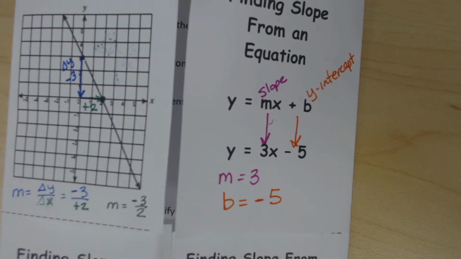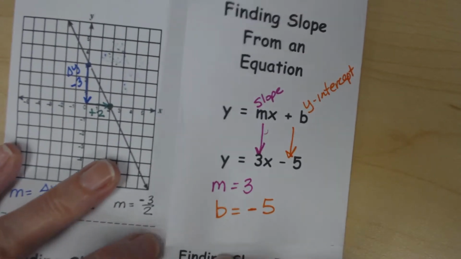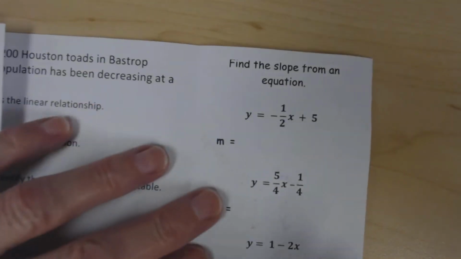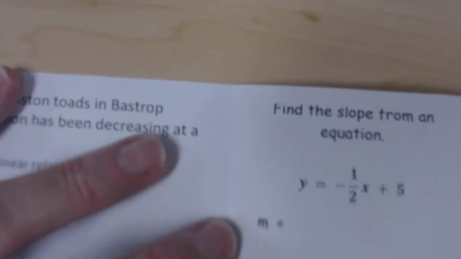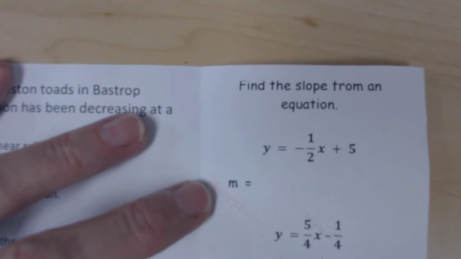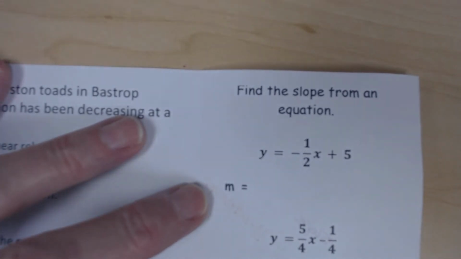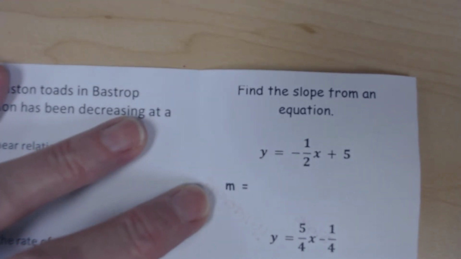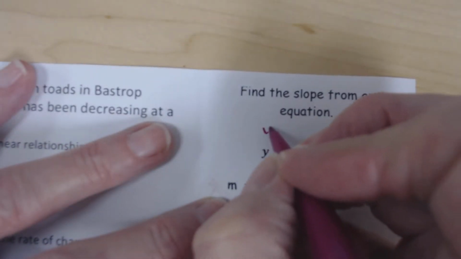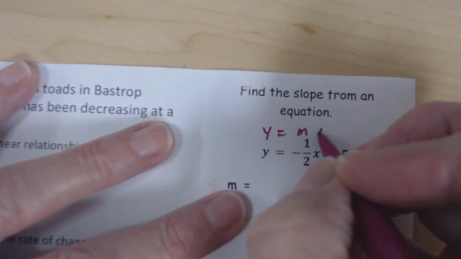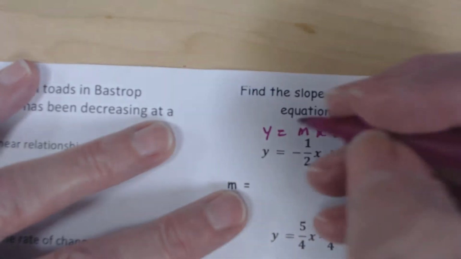And then we have 2 more flaps to go, but before we do that, let's go on the inside of this flap and look at our examples here. Okay, so we are going to find the slope from this equation. So this equation here, we have y equals mx plus b.